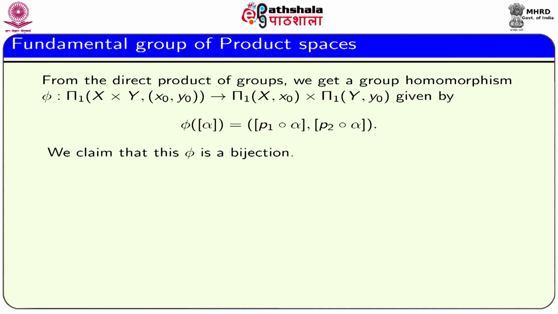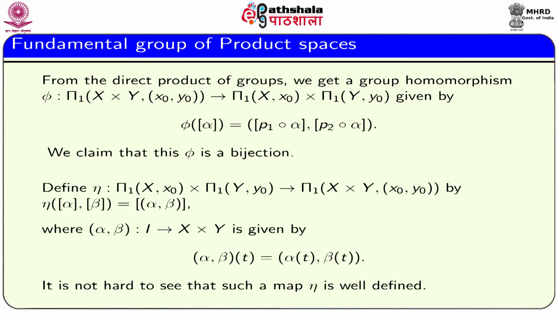From the direct product of groups, we get a group homomorphism phi from the fundamental group of X cross Y to pi 1 X cross pi 1 Y, and that is given by phi of the class of alpha equal to the pair (class of P1 composed alpha, class of P2 composed alpha).